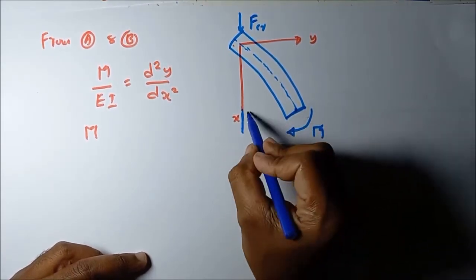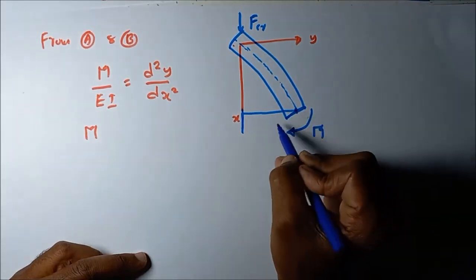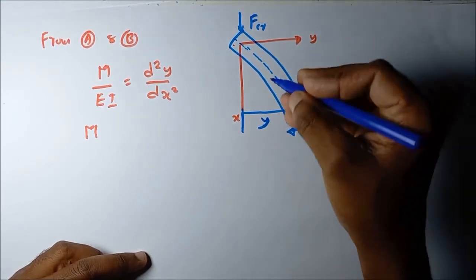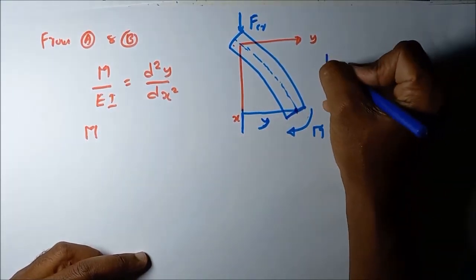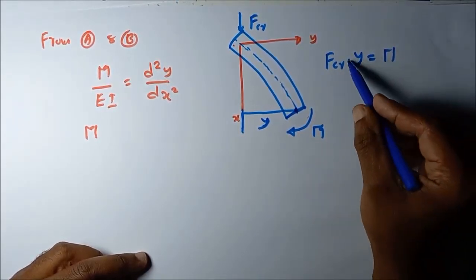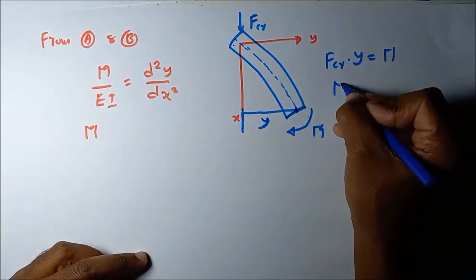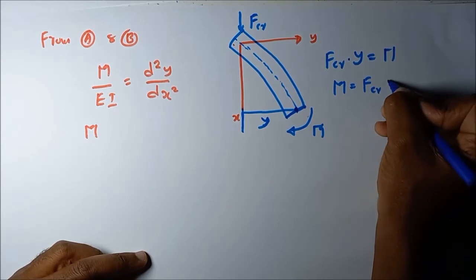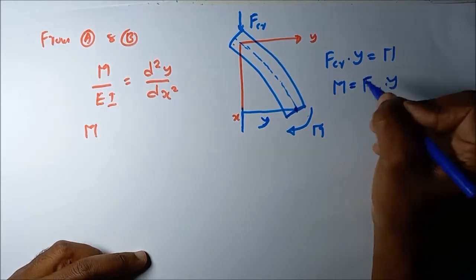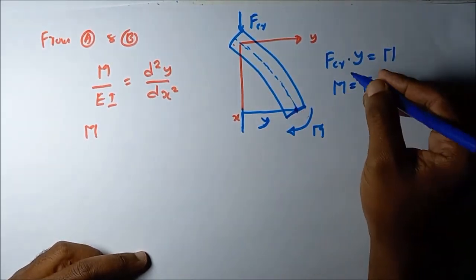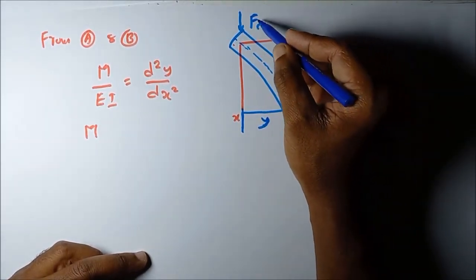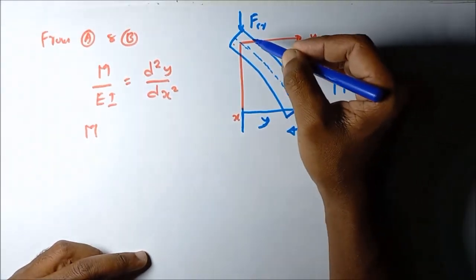Then let's take this point, the distance to this point as y, length is y. So if you take the moment around this point, F critical into y should be equal to M. Here both magnitudes should be the same. That means this moment produced by this critical buckling load is acting in an anti-clockwise direction.